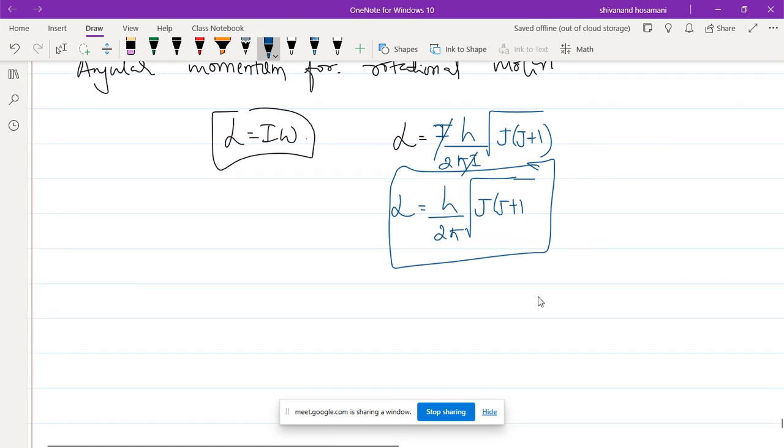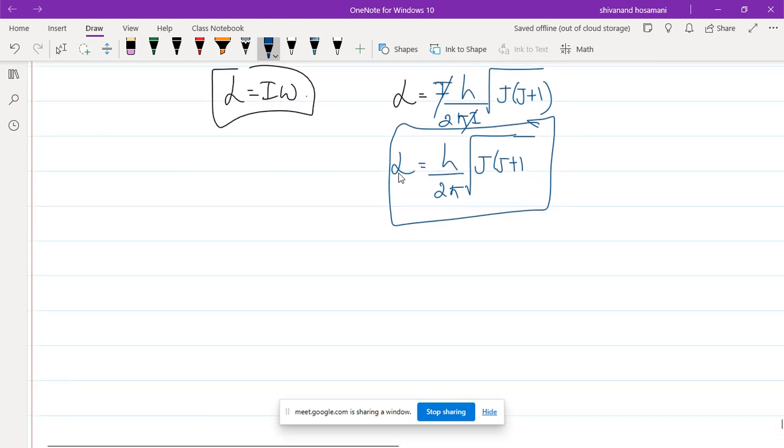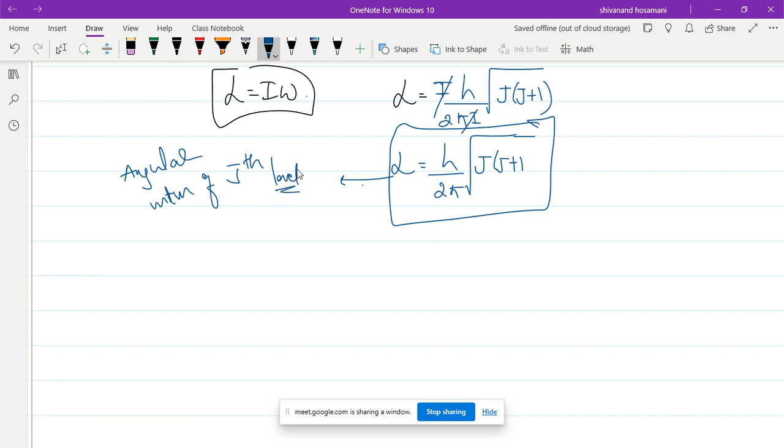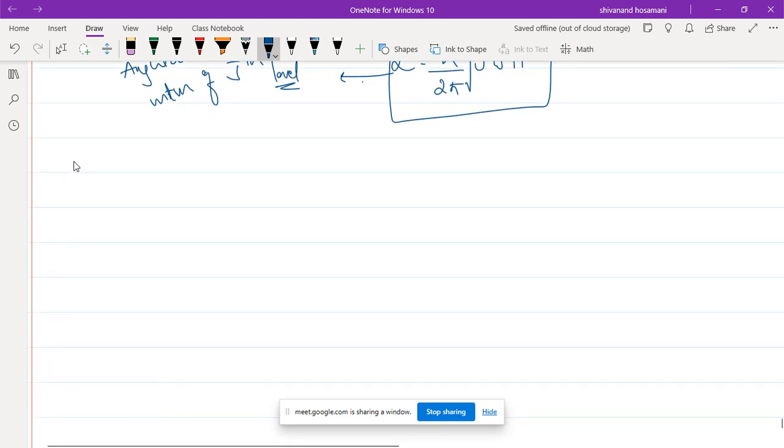Similarly, we can define the wave number of the Jth level. The wave number nu bar is nothing but 1 by lambda.